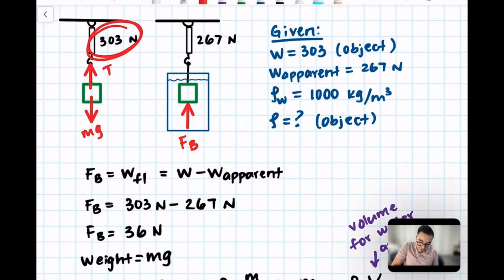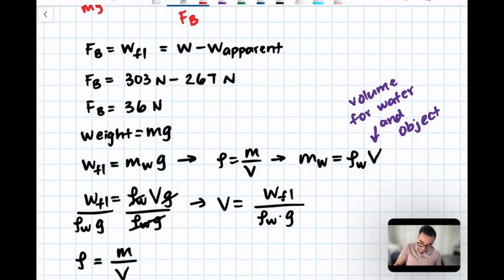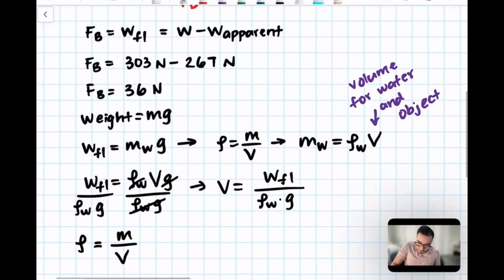We can use this quantity to find the mass. You can find it numerically, but I'm going to use the definition for weight, okay? And I'm going to say that the mass, if I divide both sides by g, is equal to the weight of an object divided by the acceleration of gravity.